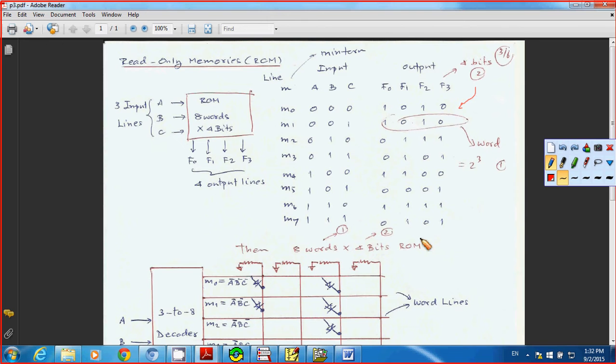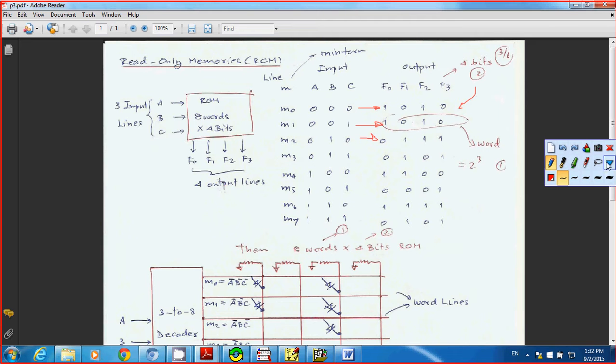So this has nothing to do with your input here. I just want M0 to correspond to this line, and I want M1 to correspond to this line, and number 2 to correspond to this one. I just want to show you, that's all.